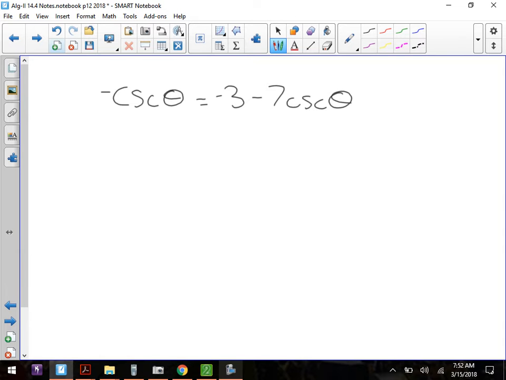Now, when you see that you have variables on both sides of the equation, what you would do is always pick on the little guy. So, would you pick on the -1 cosecant or the -7 cosecant? Who's the little guy?